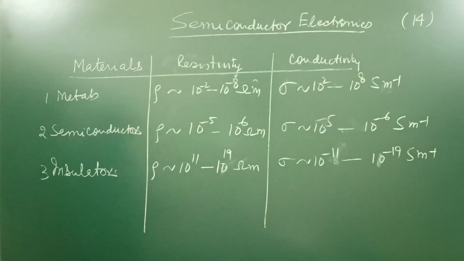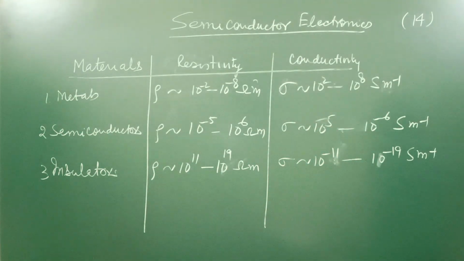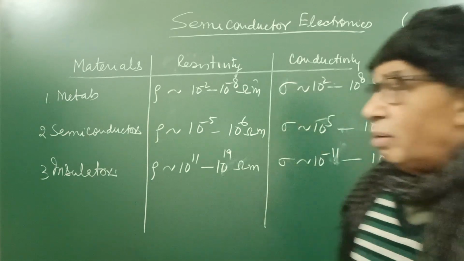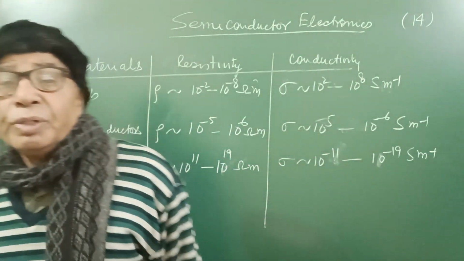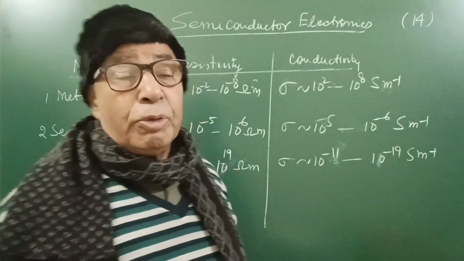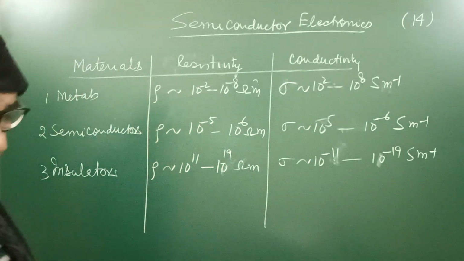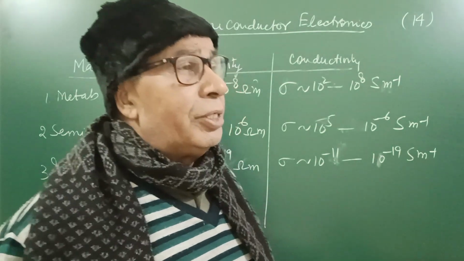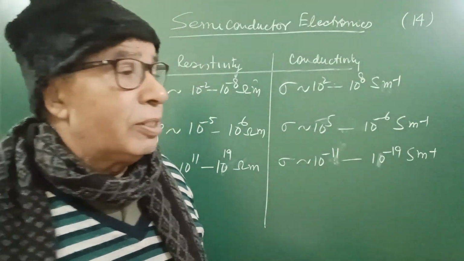Now the semiconductor material has brought a revolution in our life. We are communicating because of semiconductor devices. Now here our aim is only to understand semiconductors, but what are semiconductors? How do they differ from others?